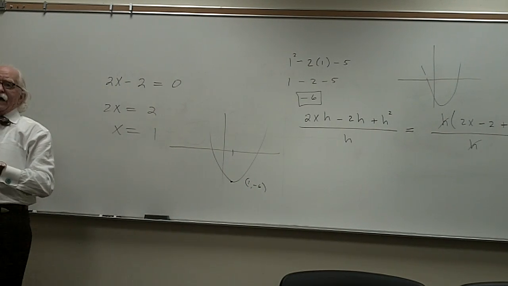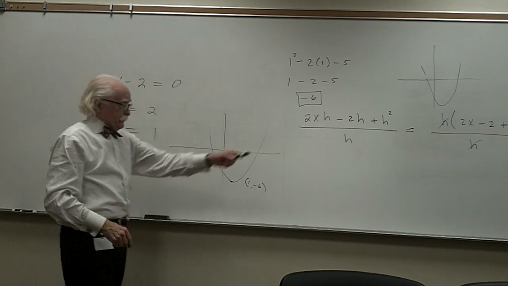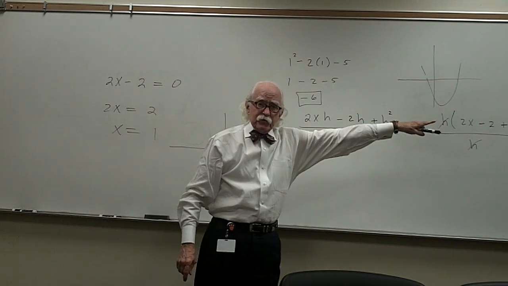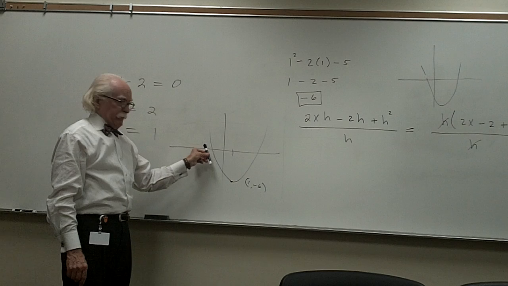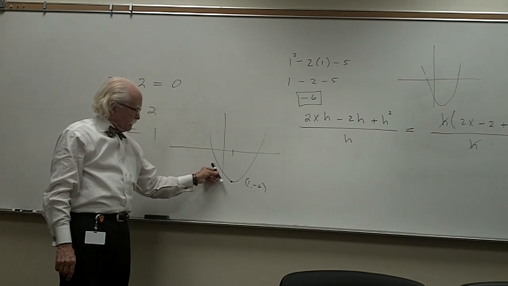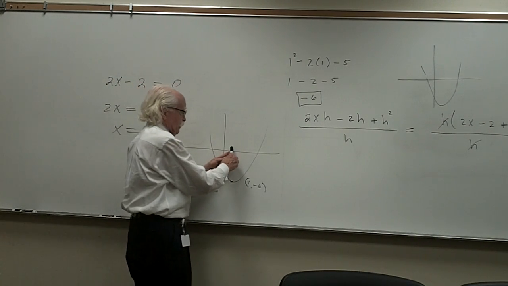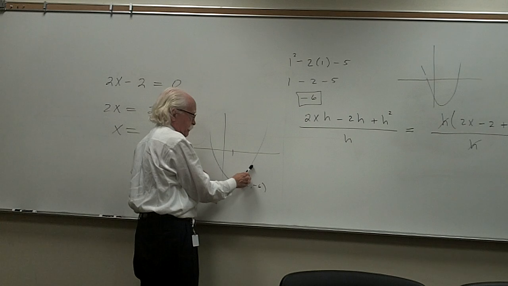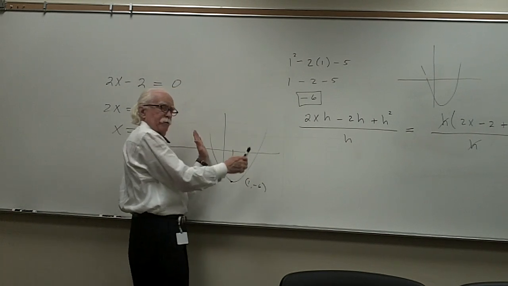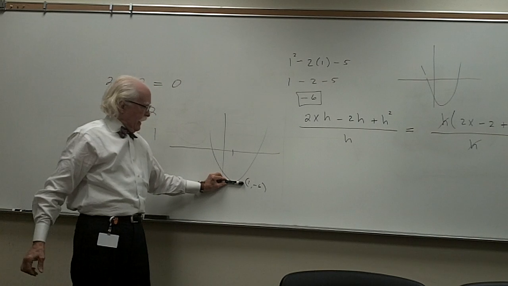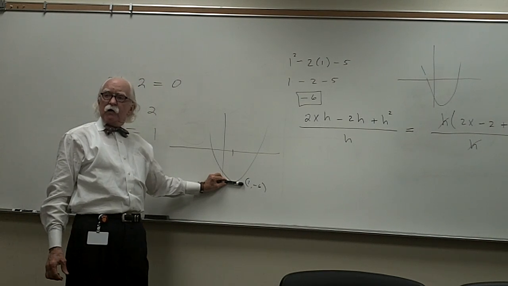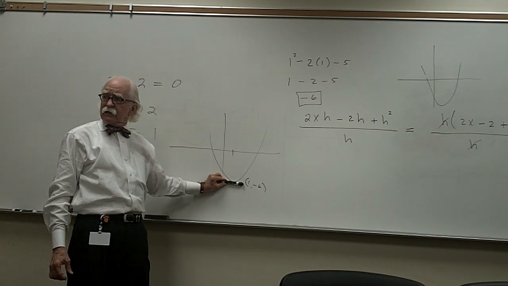Does everybody see that? If this is the slope of the line, on this side of the 1, the slope is negative. Over on this side of the 1, the slope is positive. So how can I go from a negative slope to a positive slope? I had to cross the slope of 0. Is that making sense?